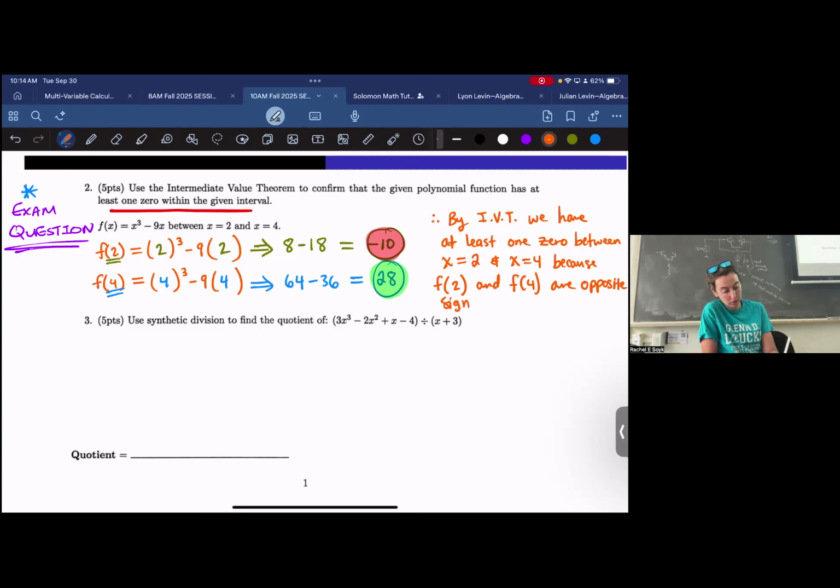Thus, it crosses through that x-axis, so we must have at least one x-intercept.